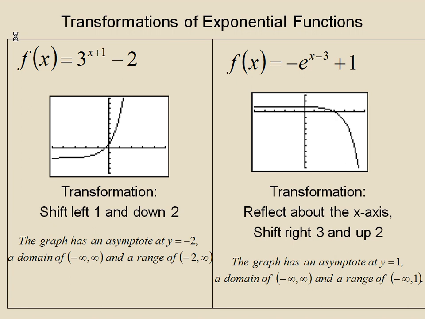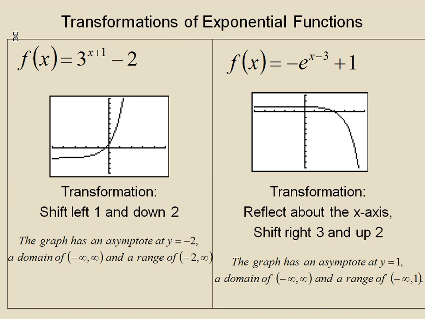So again, if we start with the basic function f of x equals 3 to the x, and transform it to f of x equals 3 to the x plus 1 minus 2, we shift left 1 and down 2. And I've given the image from your calculator there to see that shift. Notice since we shifted down 2 units, we have our horizontal asymptote moved down to y equals negative 2.